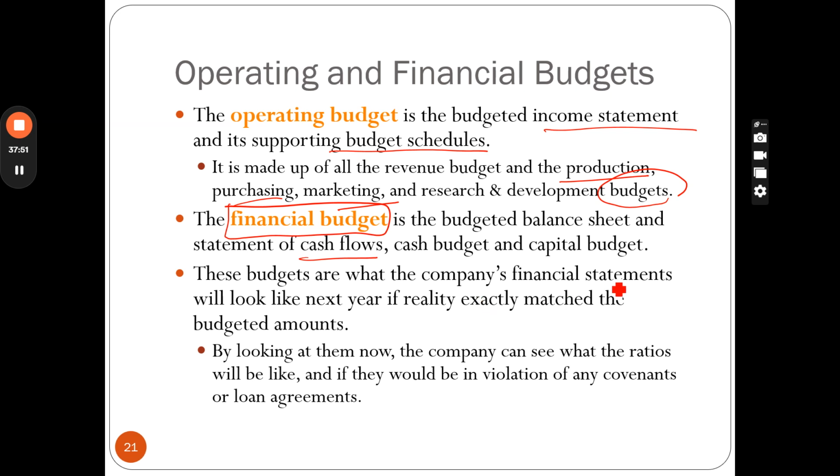These budgets show what the company's financial statements will look like next year if reality exactly matched the budgeted amounts. Next year, how your financial statements are going to look, that is what you are going to prepare now. If every estimation you made while preparing these budgets is accurate, then this is how your financial statements are going to look.